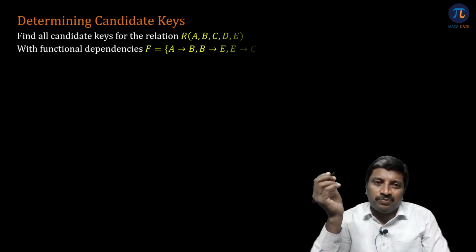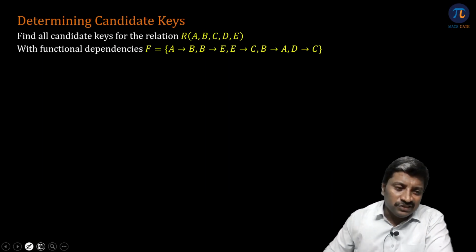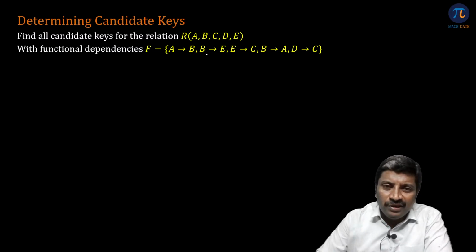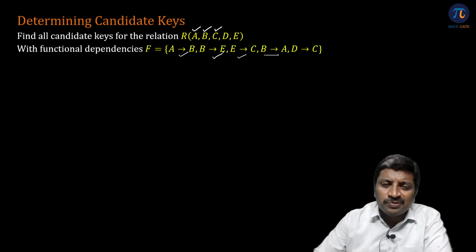Let us do one more example. Let us consider this relation. First, A is present here. B is present here. C, it is present here. D, it is not present. E, it is present.